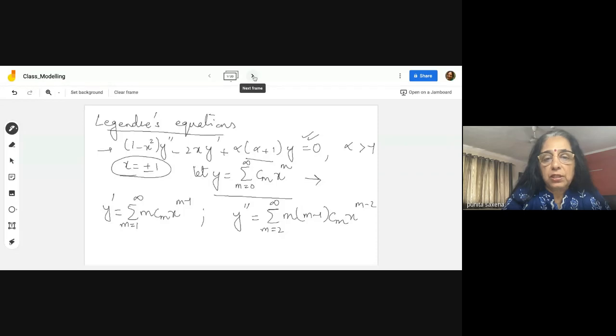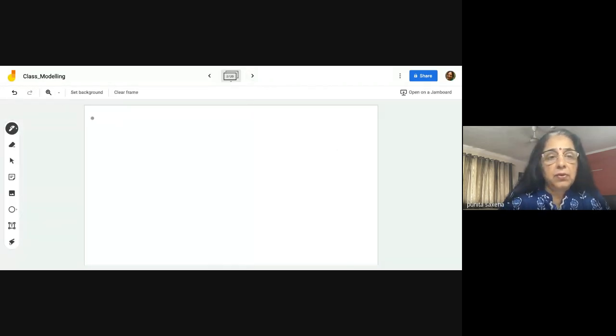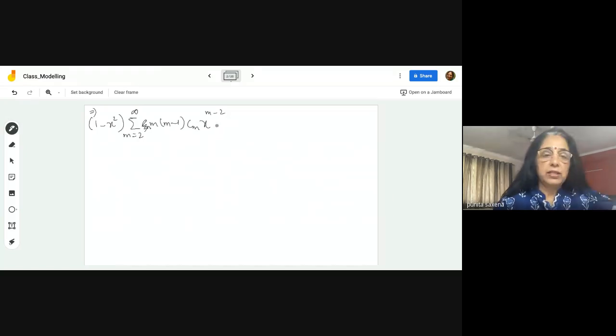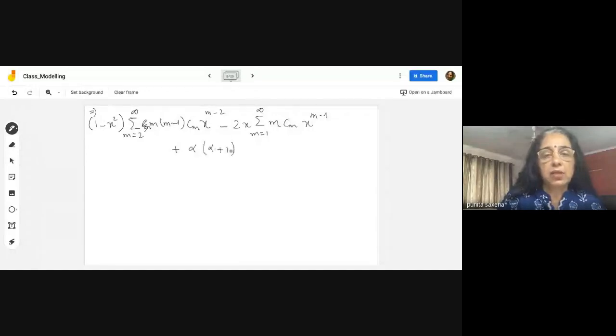So we'll substitute in the differential equation, and we are going to get (1 minus x squared) times summation m from 2 to infinity m(m minus 1) c_m x^(m minus 2), and the next term was minus 2x y dash, so it will be minus 2x summation m from 1 to infinity m c_m x^(m minus 1), plus alpha into (alpha plus 1) y.